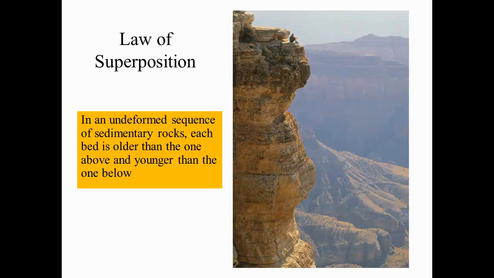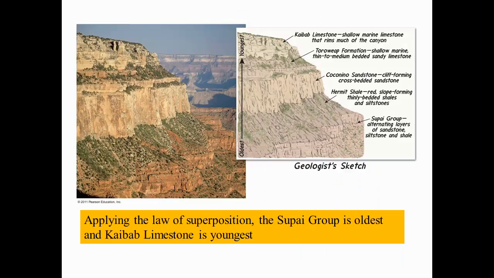And it's a relatively simple law. Basically, if you have a sequence of horizontally layered sedimentary rocks, the oldest rocks are going to be the ones that occur at the bottom, and the rocks will then become progressively younger as we move up the sequence, so that the youngest sequence will occur at the very top.